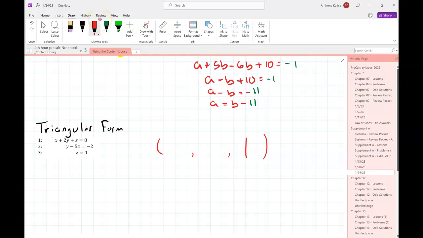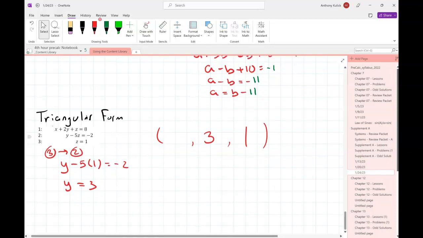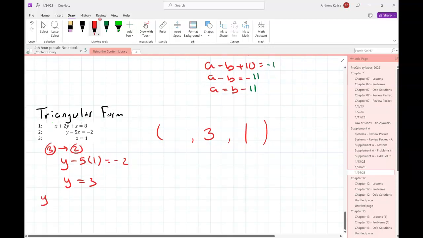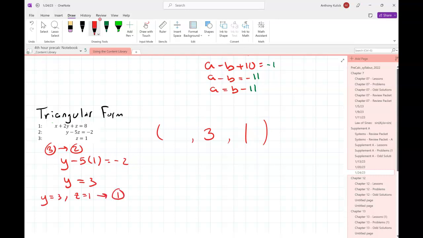To get the solution for y, all I'm going to do is plug that answer for z into equation 2 and solve. So negative 5 times 1 is negative 5. I add 5 to both sides and I get 3. And then to get the x now, all I'm going to do is take those 2 solutions and plug them into equation 1.